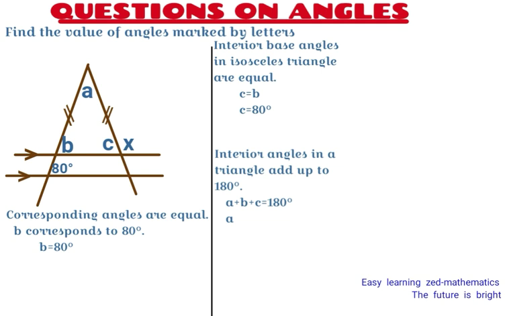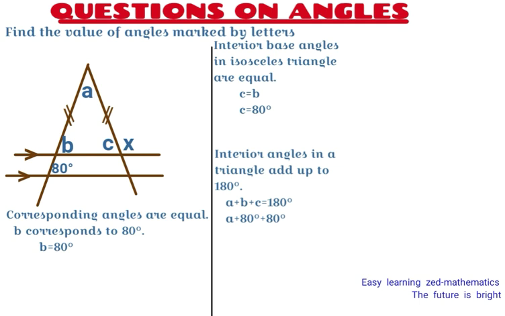So we're going to say A plus 80 degrees, which is the value of angle B, plus 80 degrees, which is the value of angle C. Remember, base angles in an isosceles triangle are equal.